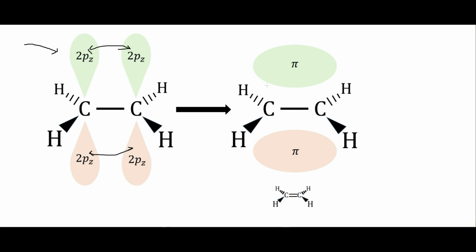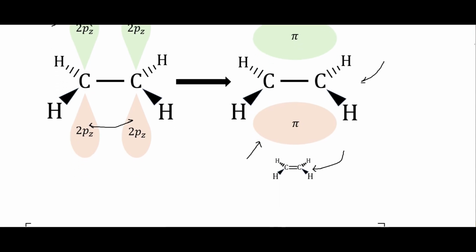And so they interact with each other and form these lobes above and below the molecule. It looks like this when you see it drawn schematically, and that is our pi bond. We'll also encounter triple bonds, and that will just have another pi bond coming in and out of the screen in this portrayal right here.